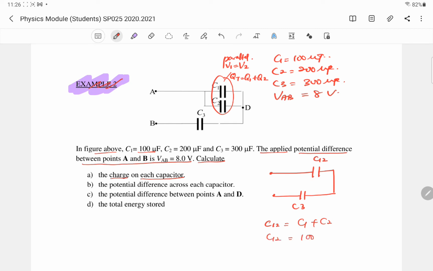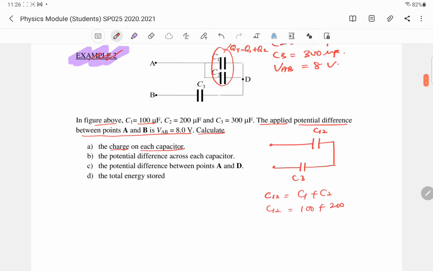C1 is 100, C2 is 200. Okay, so C12 is 300 microfarad. So C3 pun adalah 300 microfarad. Okay, so dah settle kat situ.